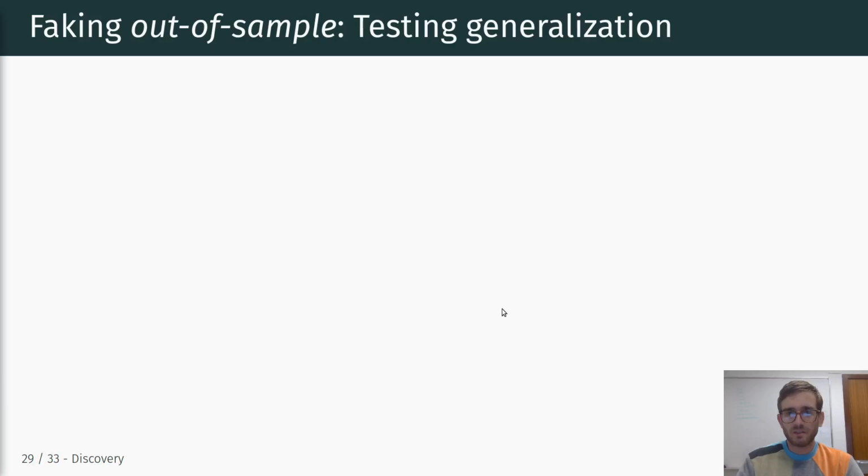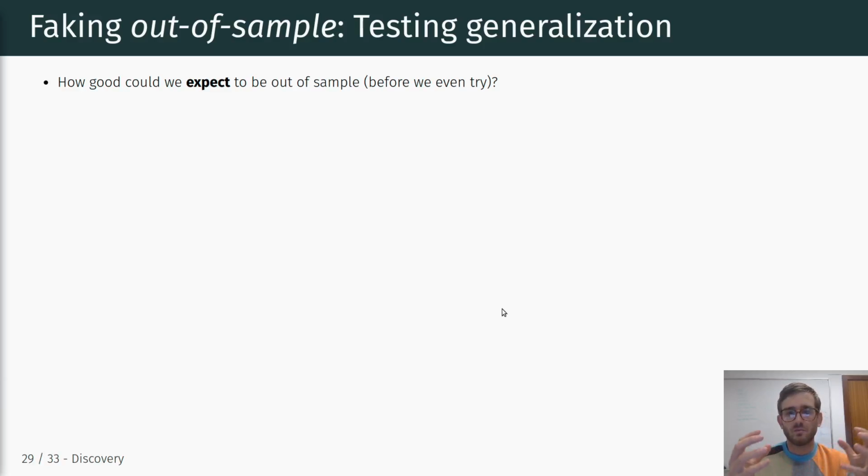There are a couple of other considerations to think about, ways to evaluate the quality of your out-of-sample predictions, and one way is to think about how to provide an assessment of how good we would expect to be out of sample.